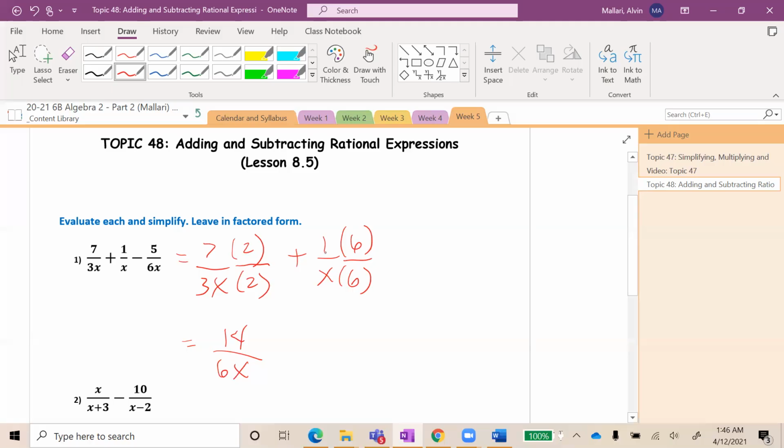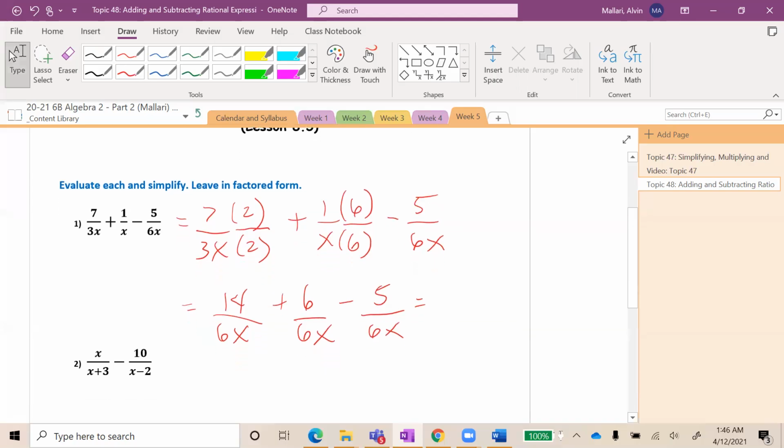All right, so 1 times 6 will give us 6, and x times 6 will be 6x. Now, the third fraction remains the same since it's already written with an LCD of 6x.